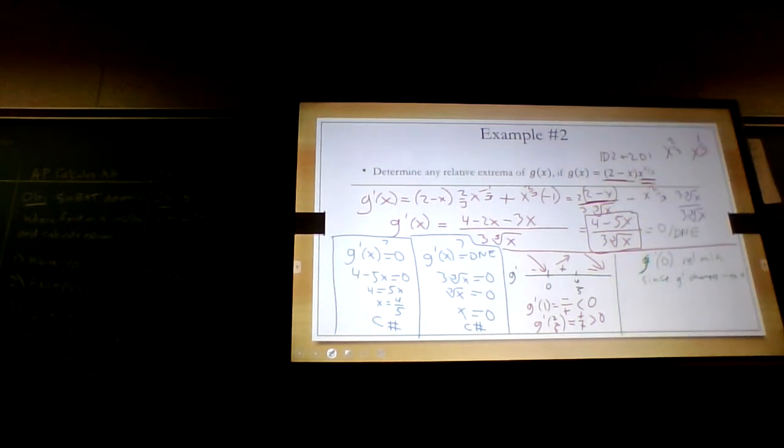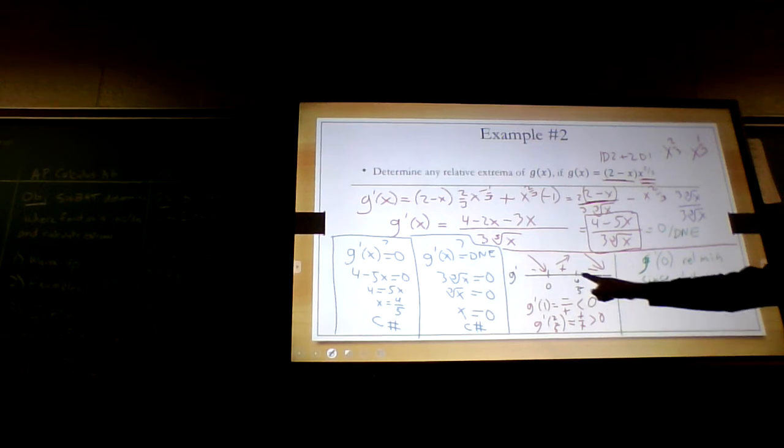Hey guys, it went from this to this, right? What's this? It's a relative min. Doesn't that make sense? Yeah. It went from going down to going up. So what happened here? It hit the bottom. Okay, hey, what happened from here to here?